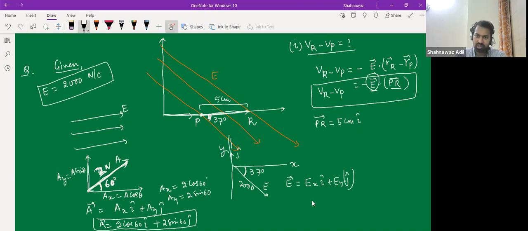So Ex is 2000 cos 37 i hat, plus we have a minus, so minus 2000 sin 37 j hat. This would be the electric field, right?